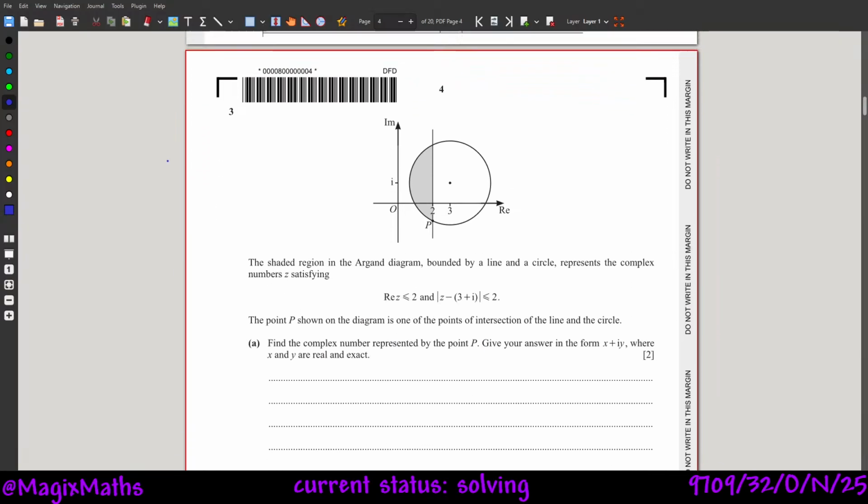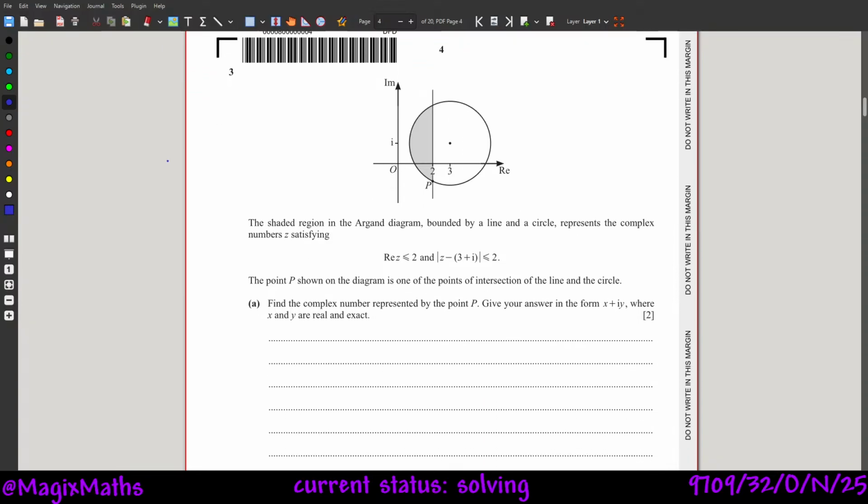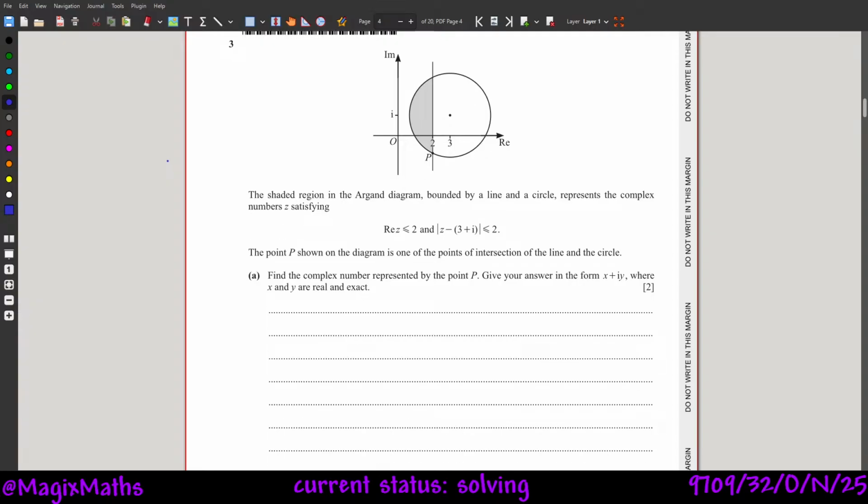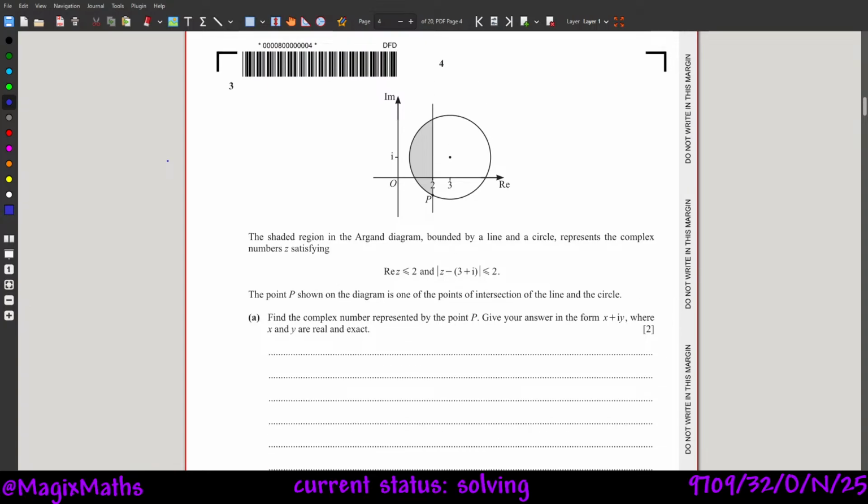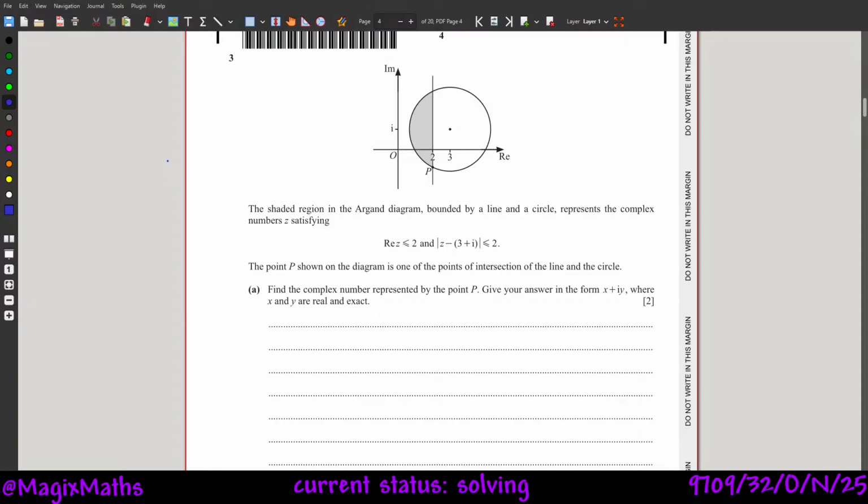Now, for this question, it's about complex numbers. The shaded region in the Argand diagram, bounded by a line and a circle, represents the complex numbers z satisfying this: the real part of z is less than or equal to 2.